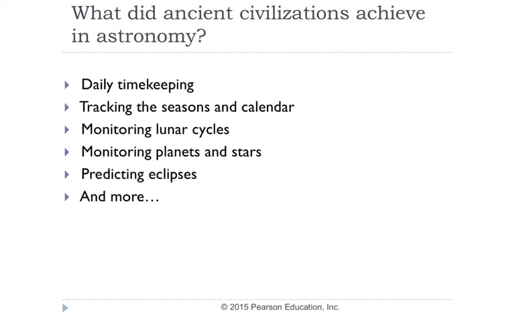The moon orbiting, the moon cycle, is roughly about a month as well. And that is where the term moon comes from, very close to month there. Monitoring planets, stars, predicting eclipses, much more, but really had a fundamental idea with the seasons, keeping track of time.